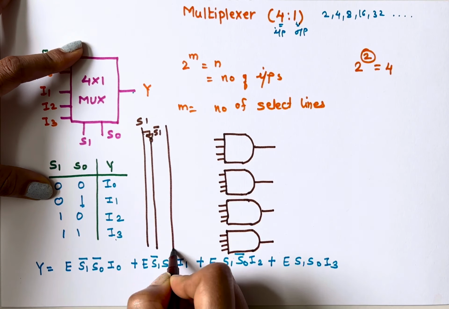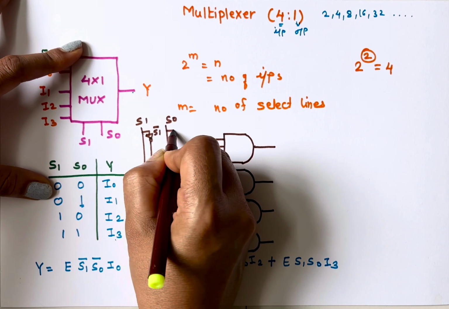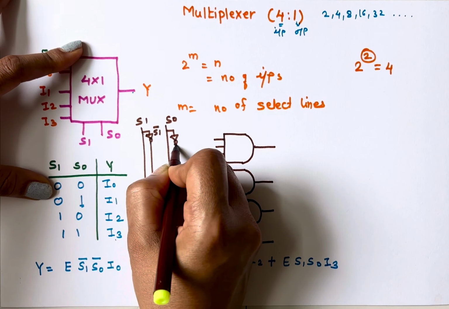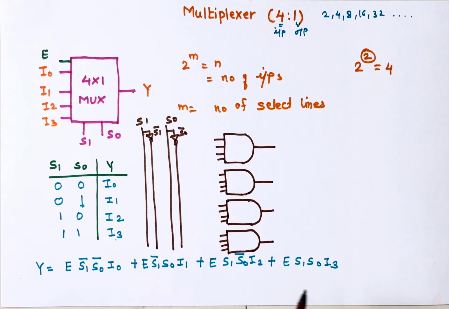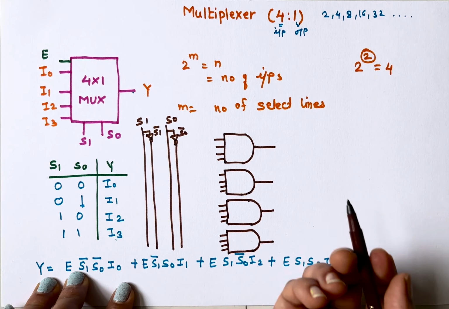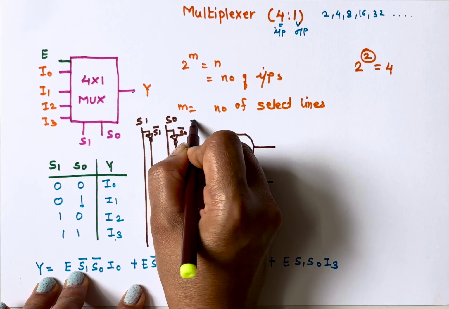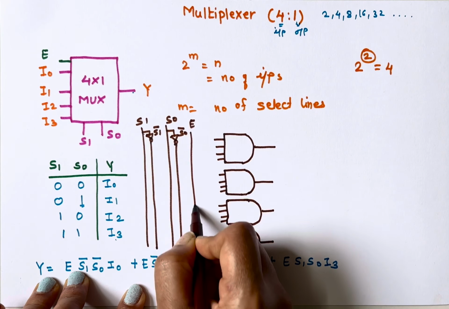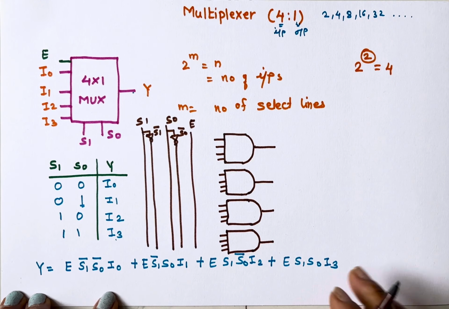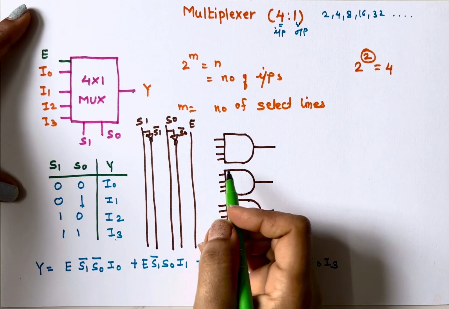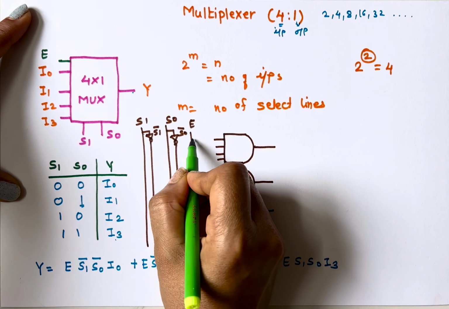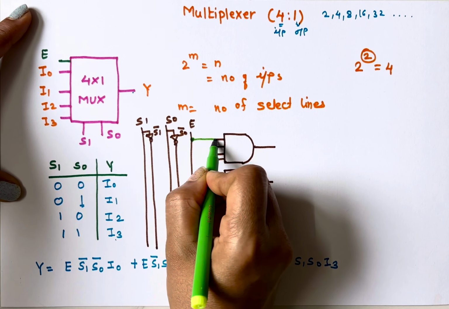Similarly, S0, and by putting an inverter here, I'll get S0 bar here. Then what I want is enable. Enable is connected to every AND gate. Now let's see how to connect them. First I'll connect enable.